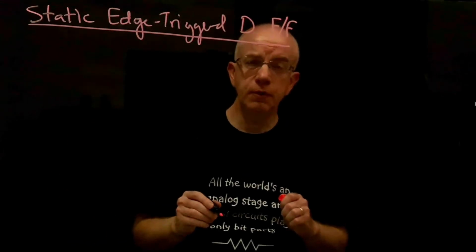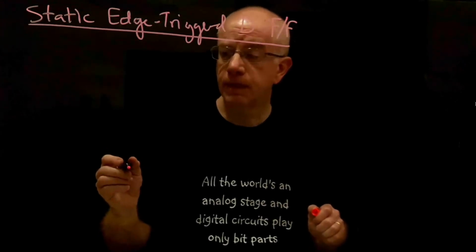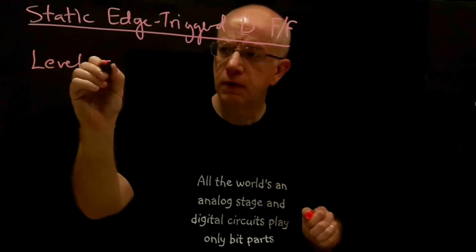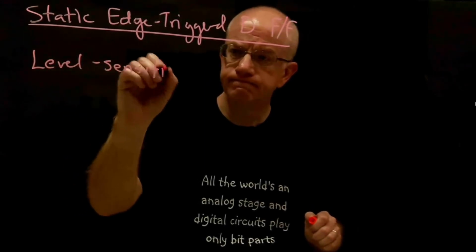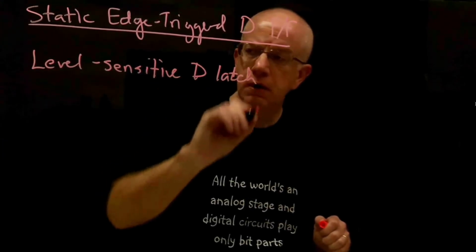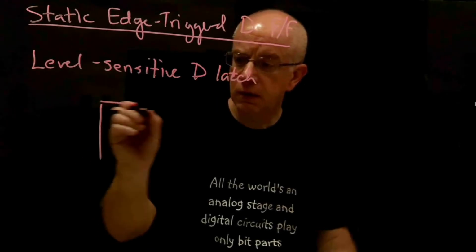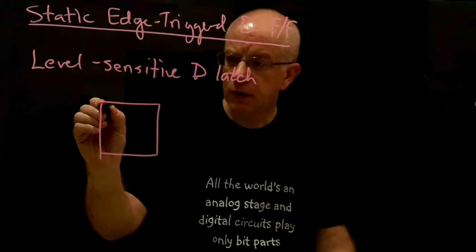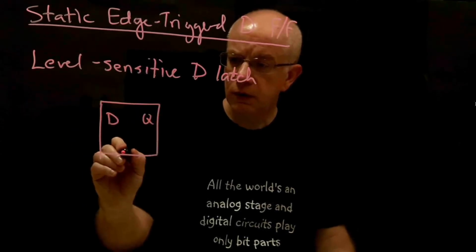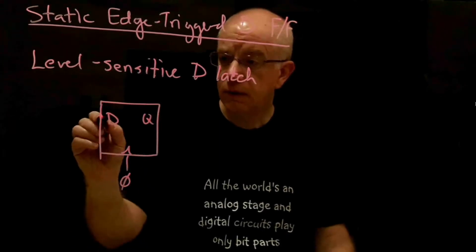Okay, so you may recall from our discussion in circuits, one approach to doing this sort of thing is to take what's called a level-sensitive latch, a D latch in particular, and that would typically be represented at a slightly higher level than the gate level by something like D, Q, and clock signal phi.